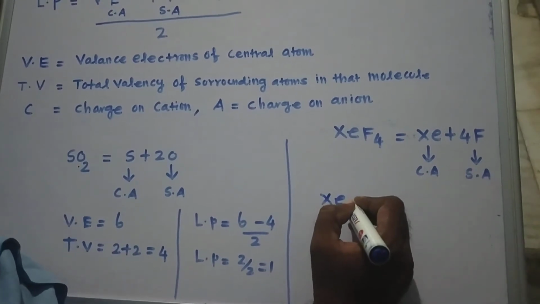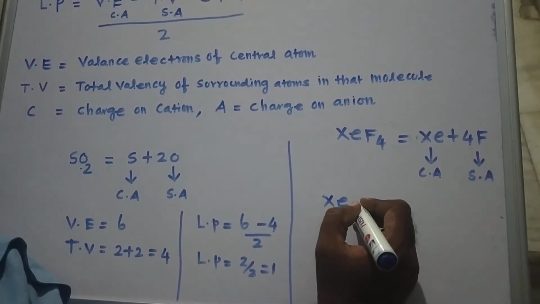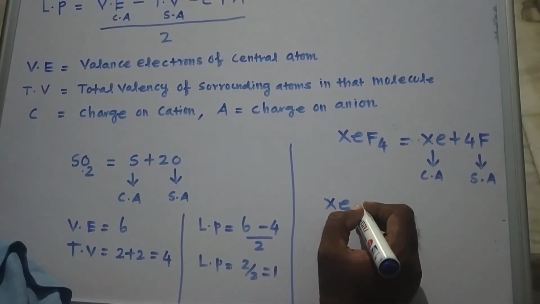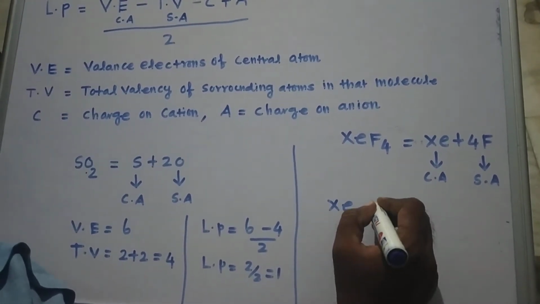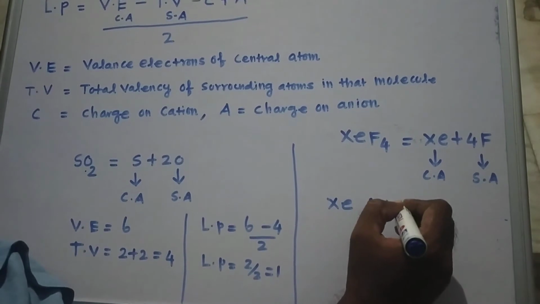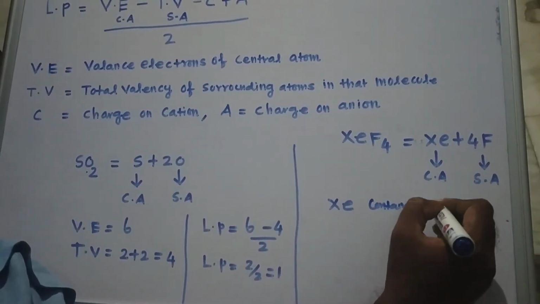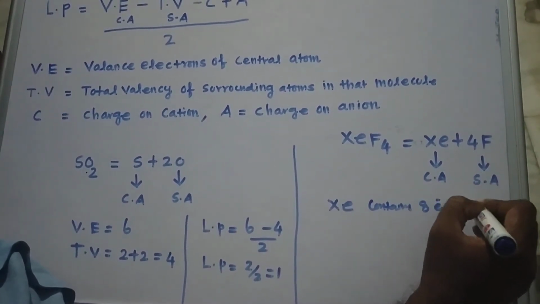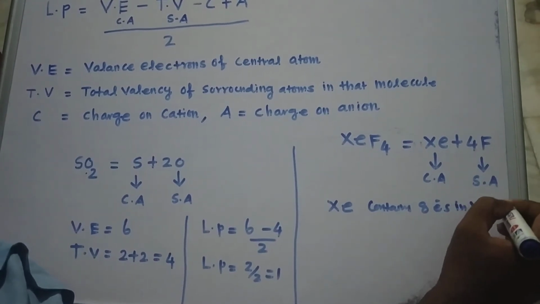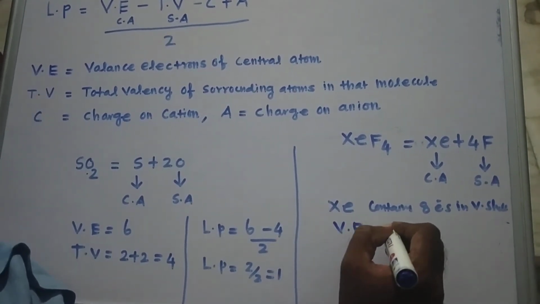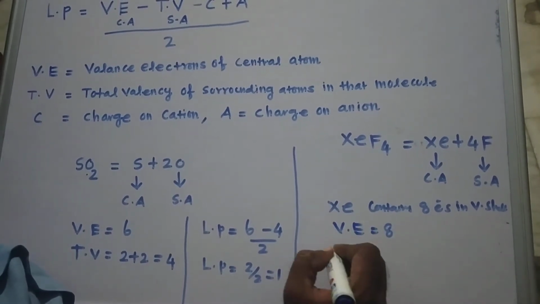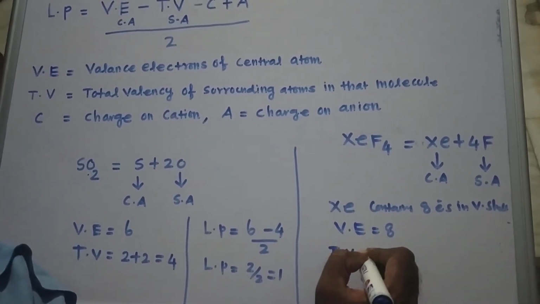For Xe, since it belongs to the noble gas family, the number of valence electrons present in xenon is equal to 8. It contains 8 electrons in the valence shell. Therefore VE is equal to 8. Then TV, the total valency of the surrounding atoms.